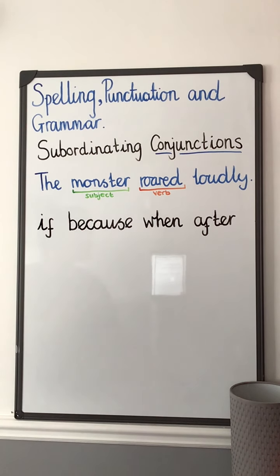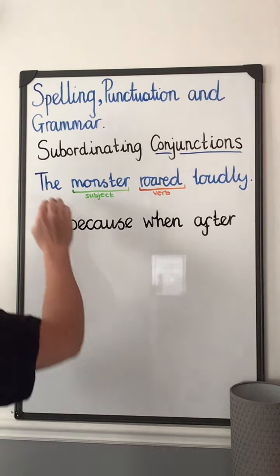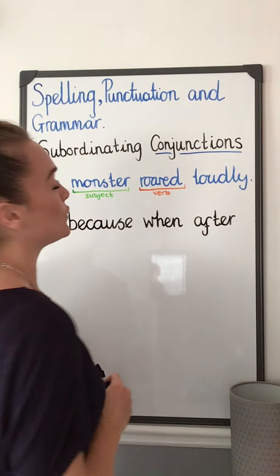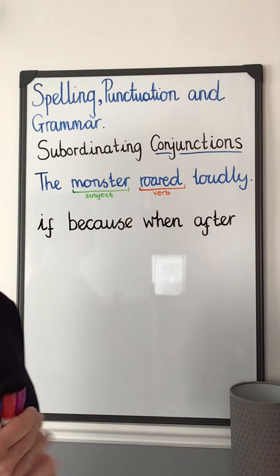Now, a subordinating conjunction joins itself at the end of the main clause to add more information.